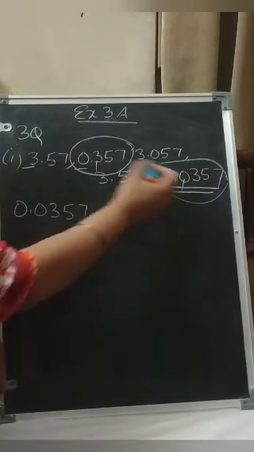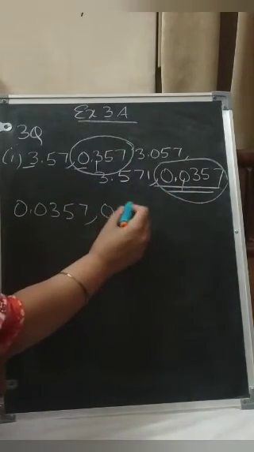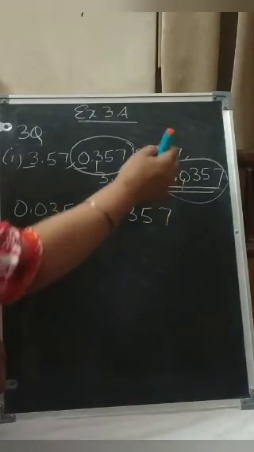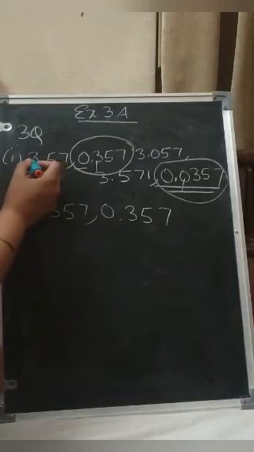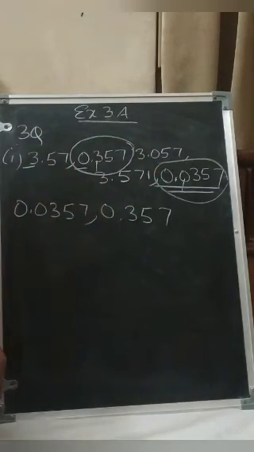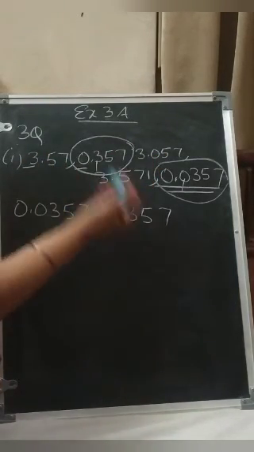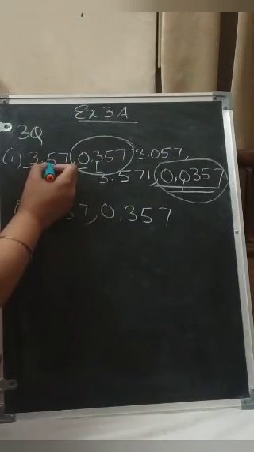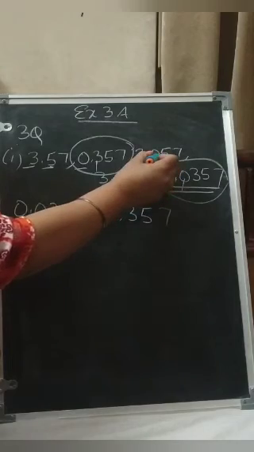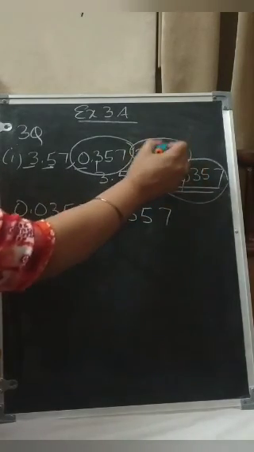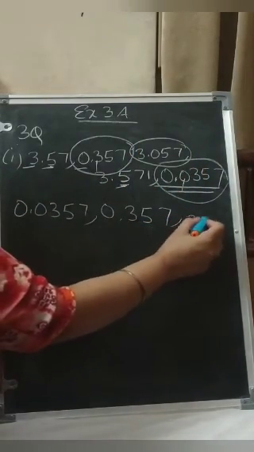Now out of these 3 we have to see which is the smaller number. Because here is 3, here is 3, here is 3, all are the same in the integral part. After the decimal we will see this is 5, this is 5 and this is 0. So 0 is smaller than 5, that means this number will come in the third place.